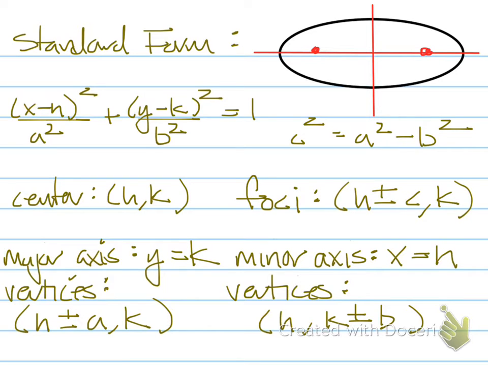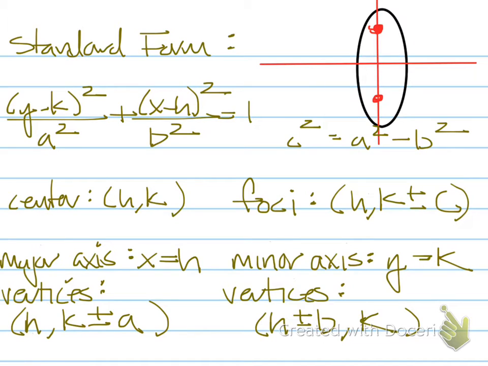You're going to add c and subtract c from the x coordinate of the center. Major axis is y equals k, minor axis x equals h. And then to find the vertices, you're going to add and subtract a to the x coordinate of the center. The covertices you will find by adding and subtracting b to the y coordinate of the center.